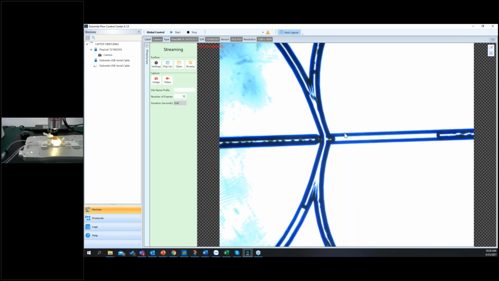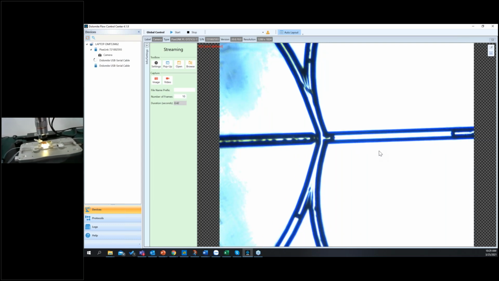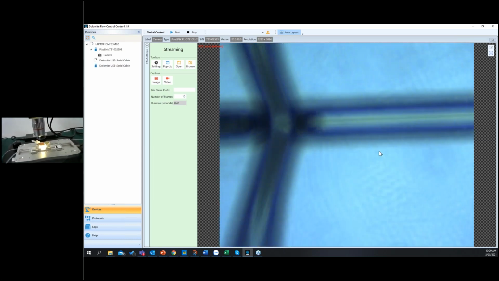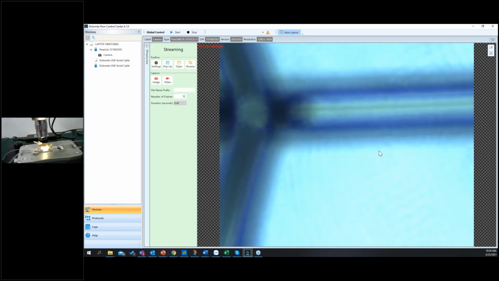The laminar flow will be generated at the chip junction here, and this is the output channel for the product, the nanoparticle collection as well. If you want more magnification of the microscope, I can zoom in here, so you can see.